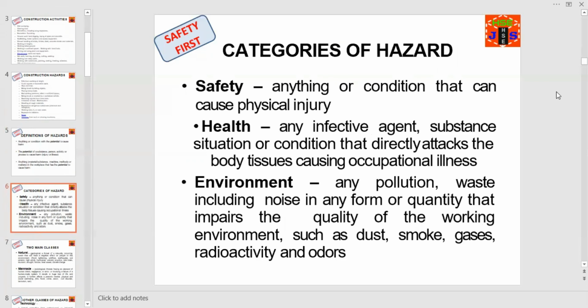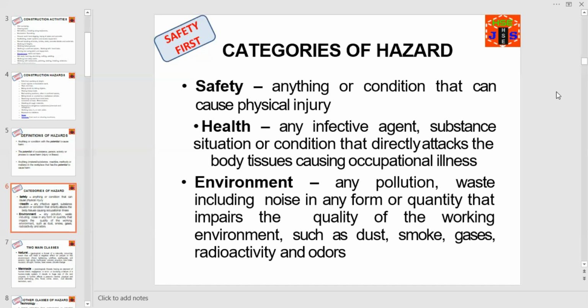Dear friends and fellows, now we will categorize the hazards with respect to safety, health, and environment. In safety, hazard means anything or condition that can cause physical injury. In terms of health, hazard means any infective agent, substance, situation, or condition that directly attacks the body tissues, causing occupational illness.